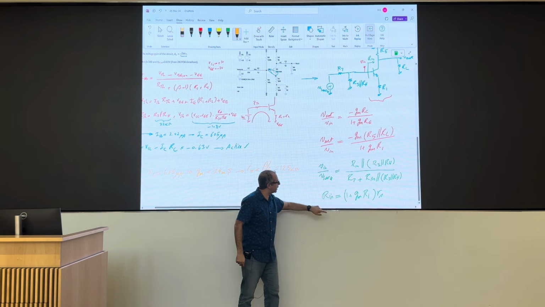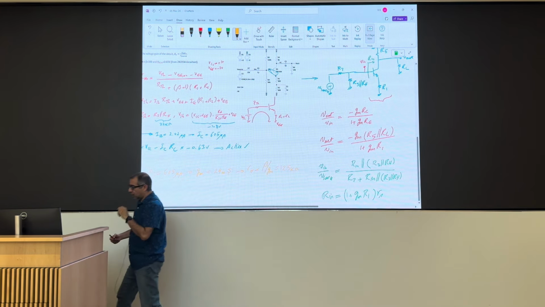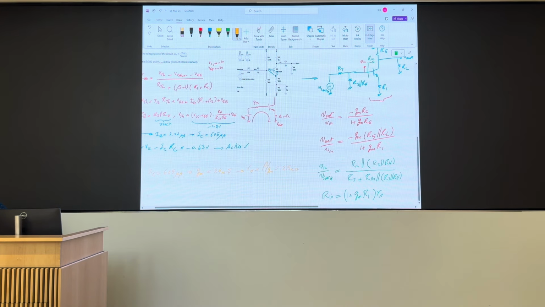I can calculate R in, plug it into here, plug this into here, and done. R in is going to be R pi that I have over here, 12.5 K, and 1 plus GM, that is 0.024, times RE1.